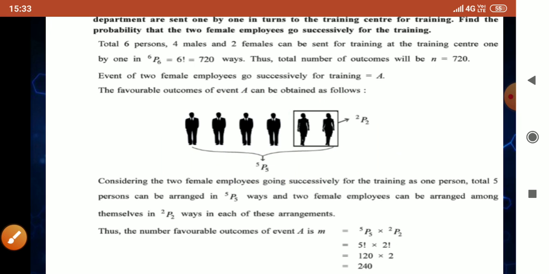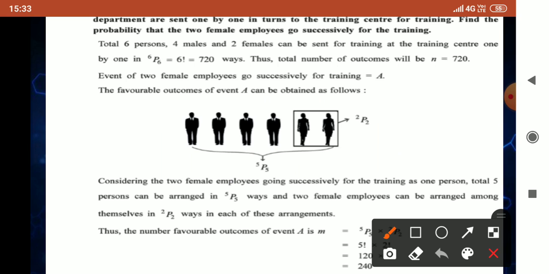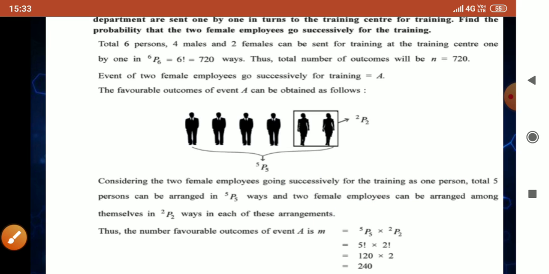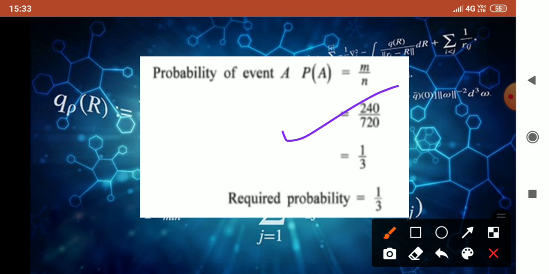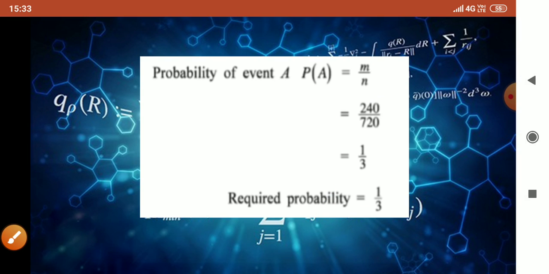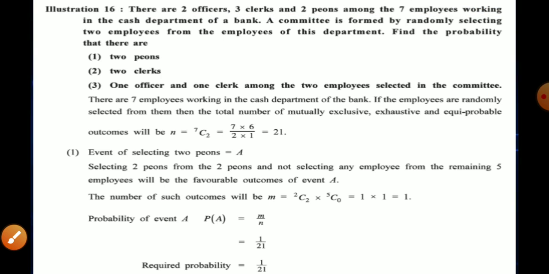So 5P5 into 2P2, which is equal to 120 into 2, which is equal to 240. So my answer is 240. Now I have to find the probability. So the probability will be 240 upon 720, which is equal to 1 by 3. In this way you have to solve.